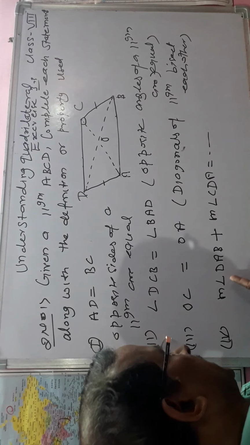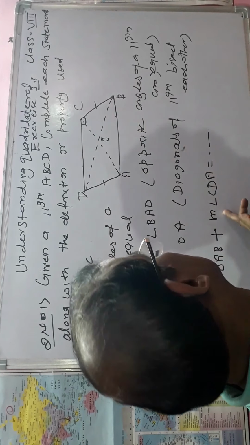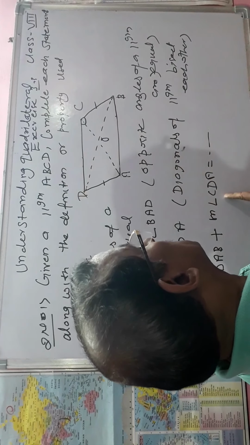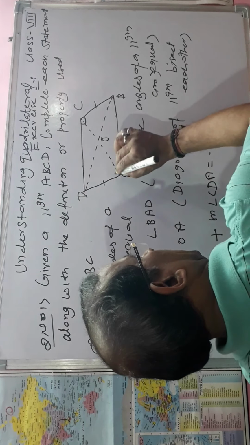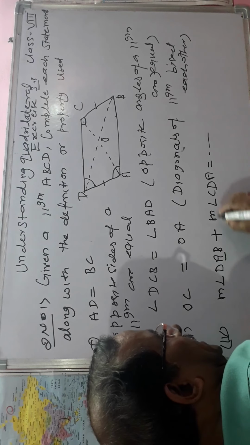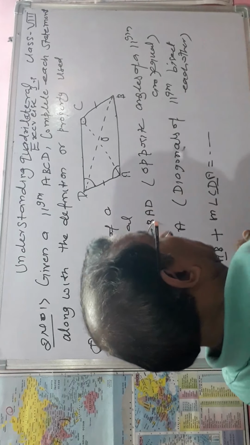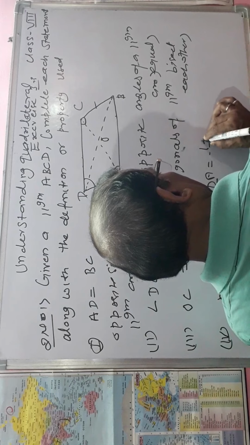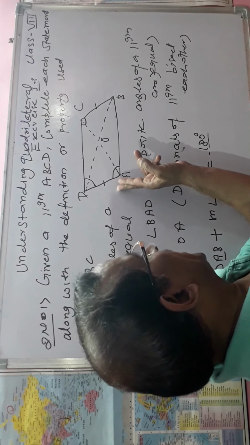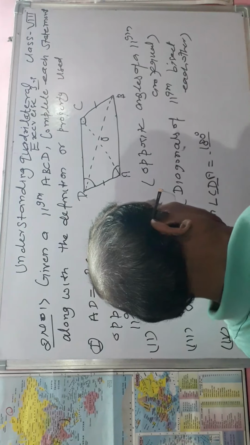Now angle DAB plus angle CDA, that is angle A plus angle D, the sum of both will be equal to 180 degrees because the sum of adjacent angles of a parallelogram is equal to 180.